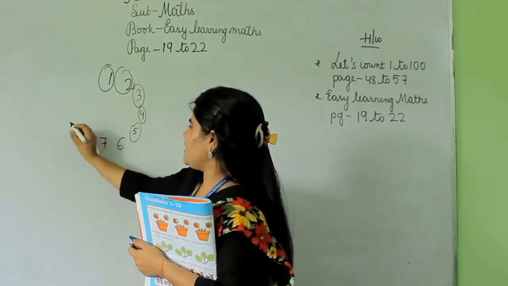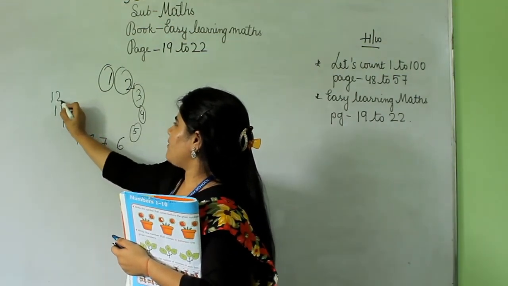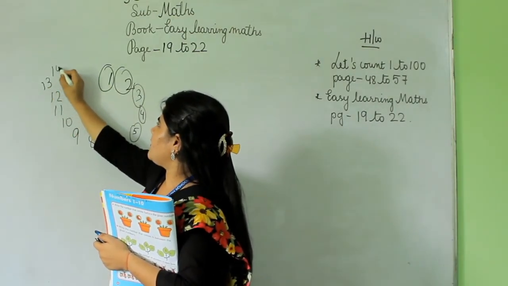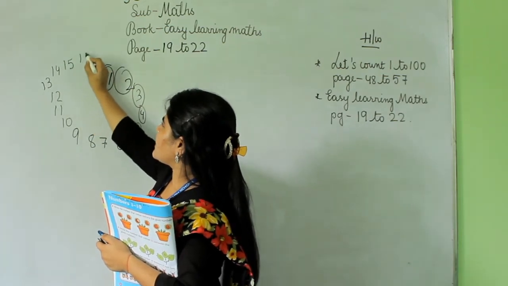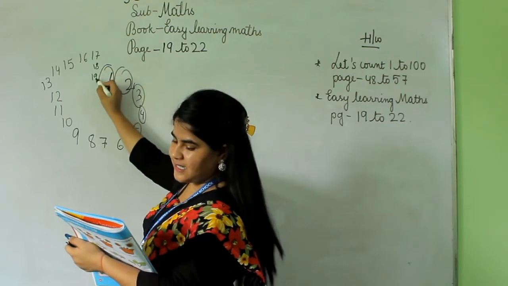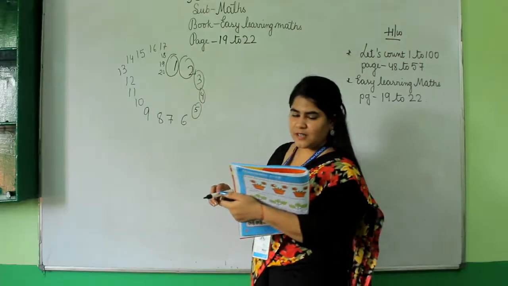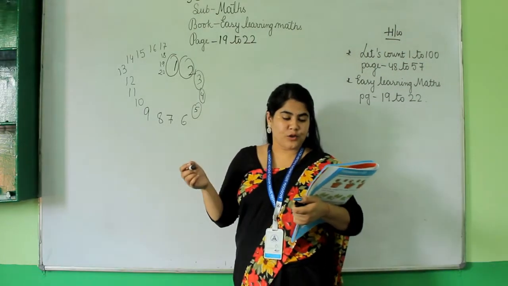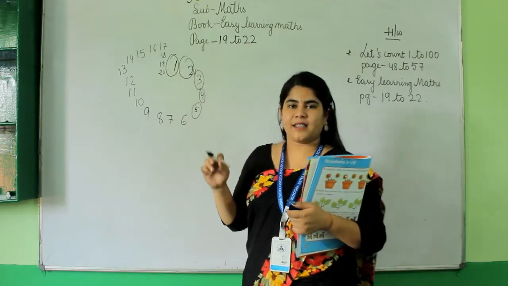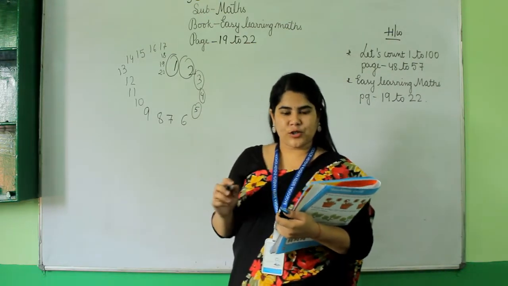Then 9, then 10, 11, 12, then it's 13, 14, 15, 16, 17, 18, 19, and the last one is 20, okay? So there is one circle given now. You will start from 1. In this way, in all the circles, you will write the numbers, okay? So in this way, you have to do this, okay?